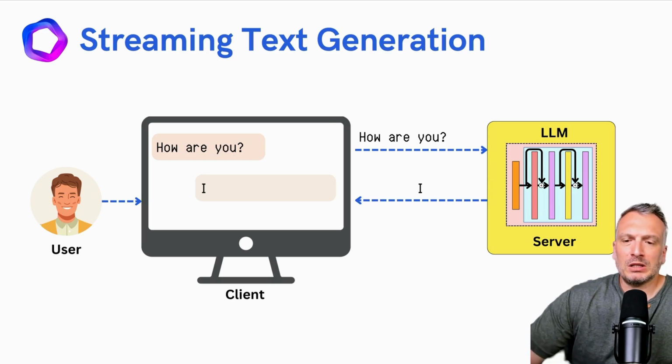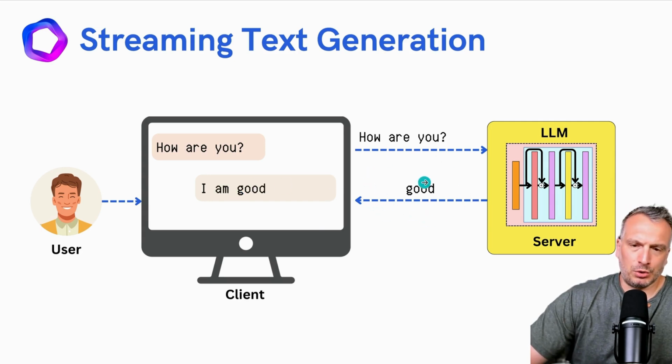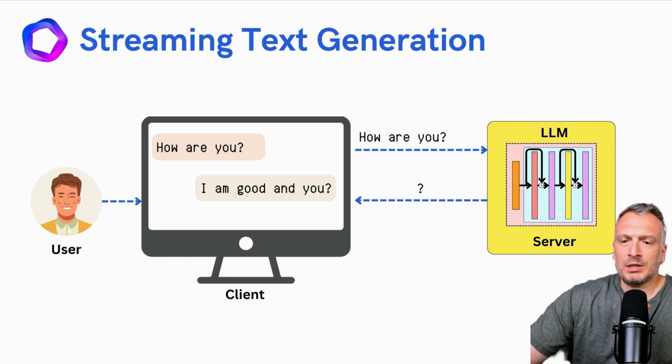And you don't have a lot of latency between when you send the request and when you get a response from the LLM. So here you have the first tokens, "I am good, and you?" You see the tokens are sent sequentially to the browser, and this is called streaming.